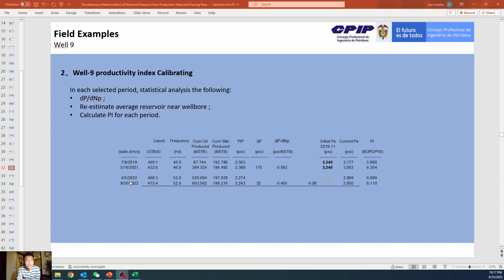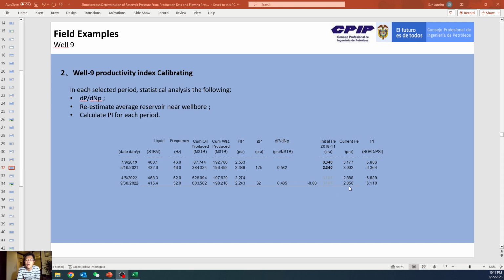In the 2022 production period, the delta P is 32 psi. Delta P per delta cumulative fluid is 0.4 psi per 1,000 barrels.